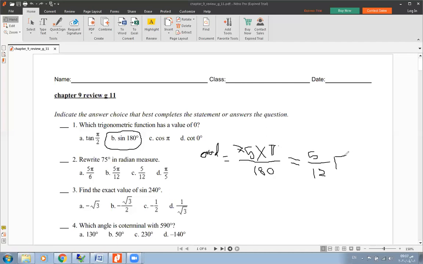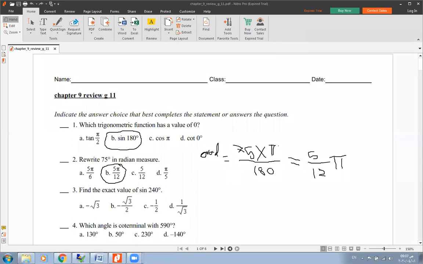Again, theta rad is equal to theta degree, which is 75, multiplied by pi over 180. 75 divided by 180 equals 5 over 12. So 5 over 12 pi. This is the answer, letter B also. It's a revision sheet for chapter 9. It's very important. If we have an exam, inshallah, these items will be one of the problems of the exam.